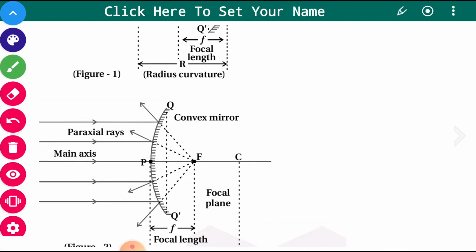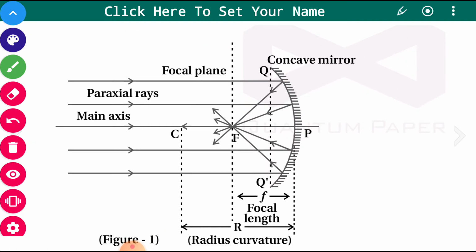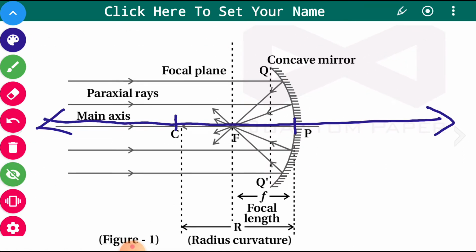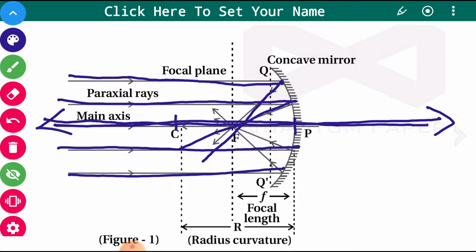Now try to understand, we have parallel rays which are falling on this mirror. Say for example, this is your principal axis. Now rays parallel to principal axis are incident on this concave mirror, and after reflection they are passing through one common point, that is the F.